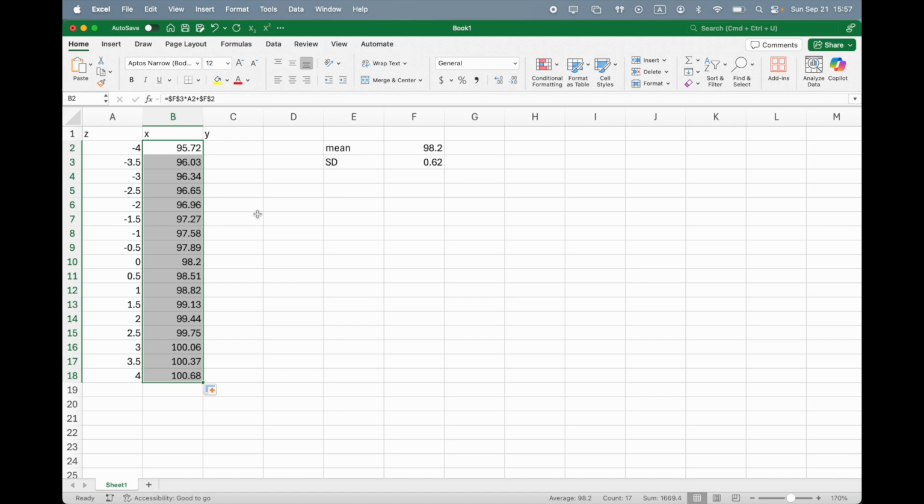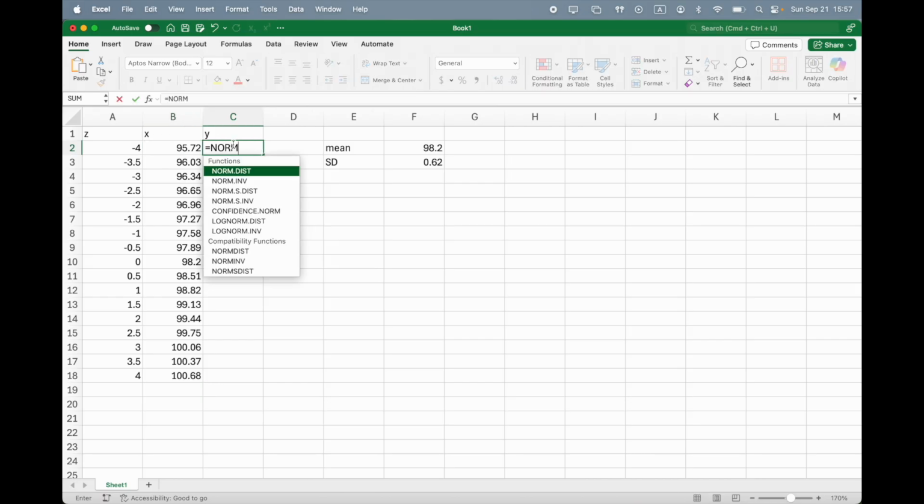And now we have our range of values from -4 to +4 in terms of standard deviations above or below the mean. So we still need what will be the height of the bell curve at different points along x. To get this value, we use the norm.dist function, first specifying that value for x, then specifying the mean.